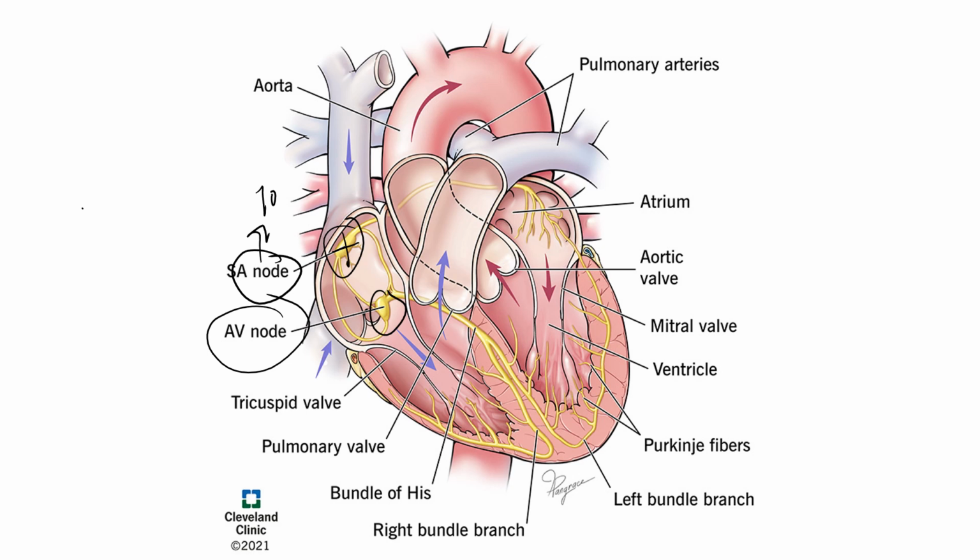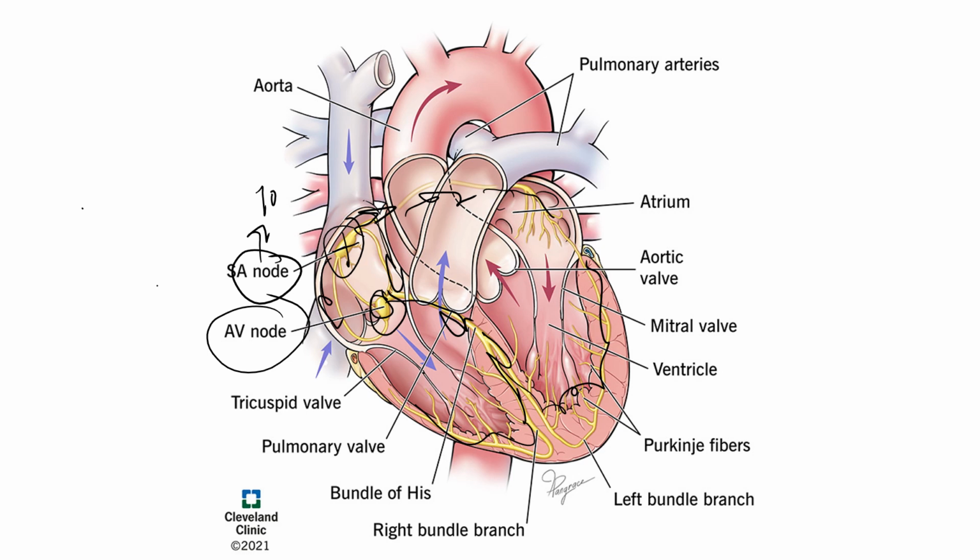And every time the sinoatrial node fibers generate an action potential, that action potential propagates throughout all the atrial fibers first, then there's a delay, and then the action potential propagates throughout all of the ventricular fibers. And again, that repeats about 70 times per minute. So the average person has a heart rate of approximately 70 beats per minute.